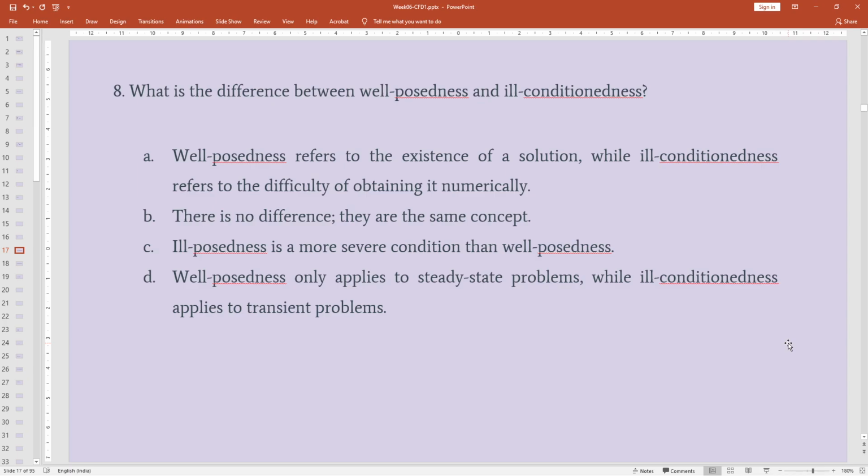Yes, you are right. Your answer is option A. We have already learned what well posedness is.